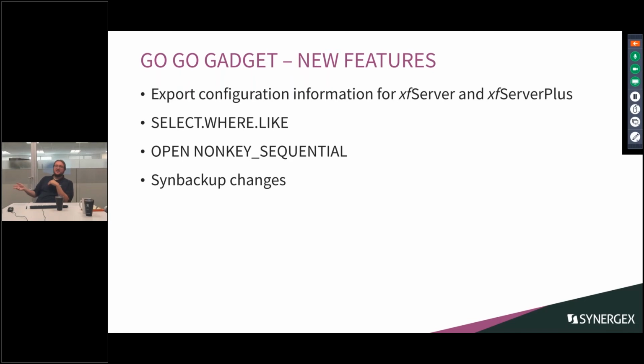So moving on to the non-key sequential. If you're doing sequential reads, because you're just trying to do massive direct reads off of your data, then you can do the sequential read, which is great for performance. I've talked about it before at previous dev partner conferences, but this one is if you don't really care about the keyed read because you don't care about the order, you just want all the data.